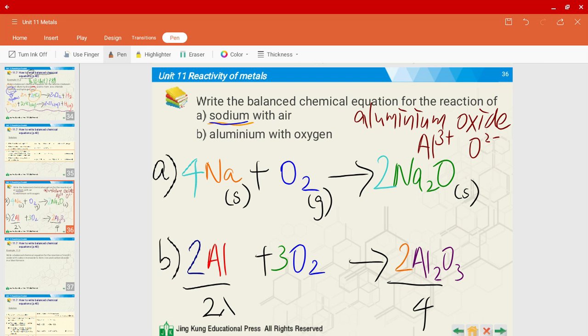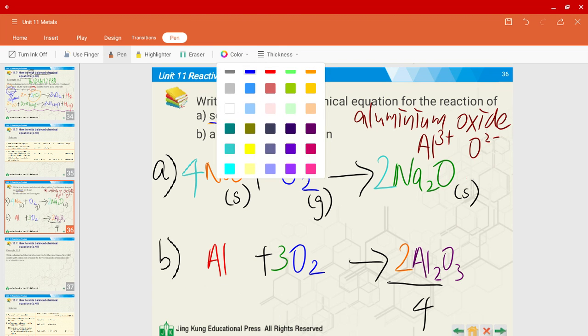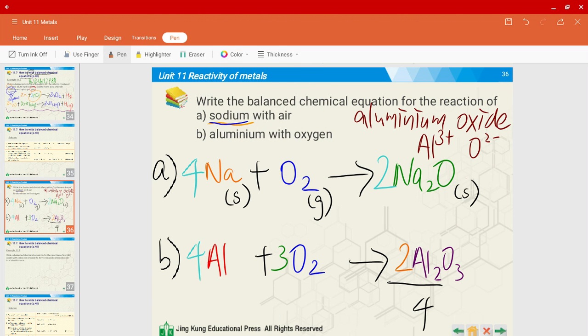So in this case I need to times 2, which is equal to 4, and then they are balanced. Let me put the times 2 over here. 2 times 2 is 4, so I'll need to change this to 4. Let me use this color. 4Al. And on this side, I also have 4.